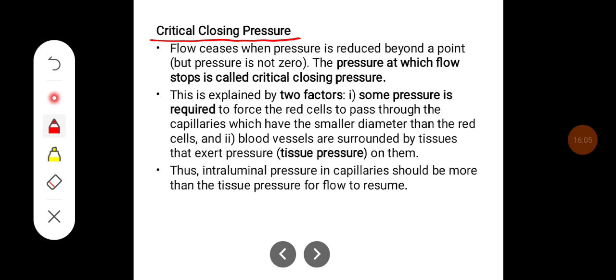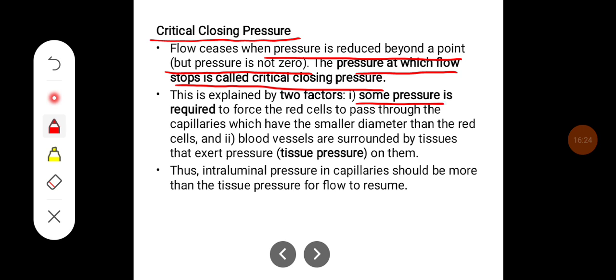Critical closing pressure. Flow ceases when pressure is reduced beyond a point, but not at zero. The pressure at which the flow stops is called the critical closing pressure. This is explained by two factors.